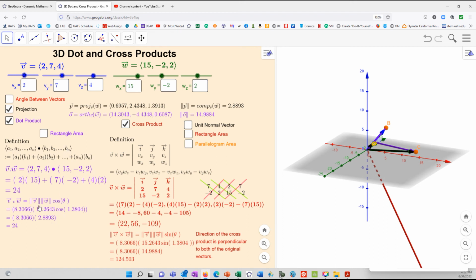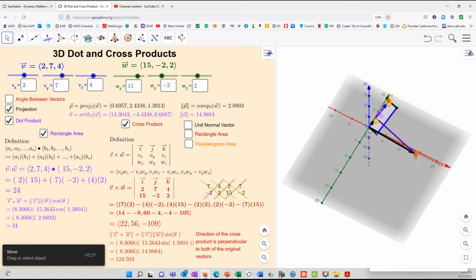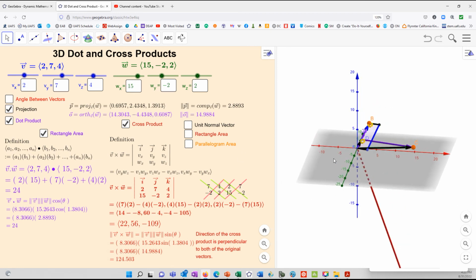If you take the norm of W times the cosine of the angle right there, that 2.889 something, that's the length of this component right here, parallel, or the length of these black sides here for that rectangle that we can do for the dot product.